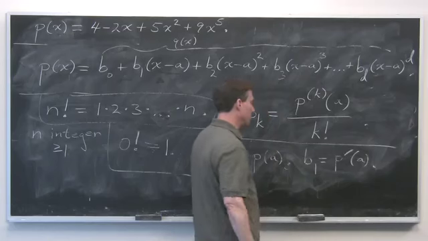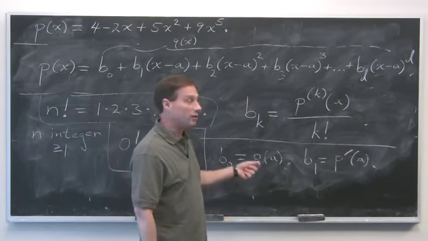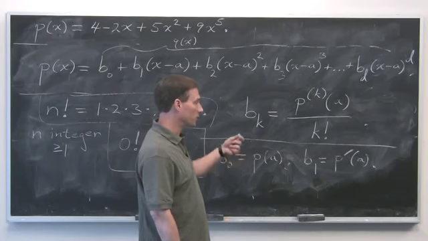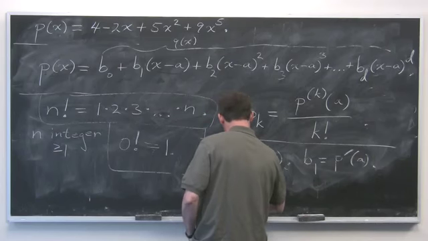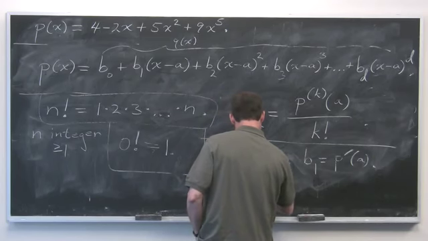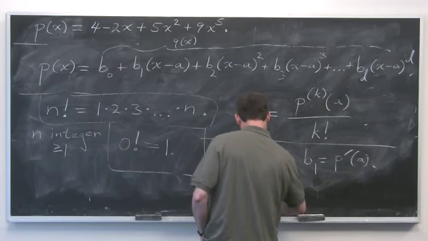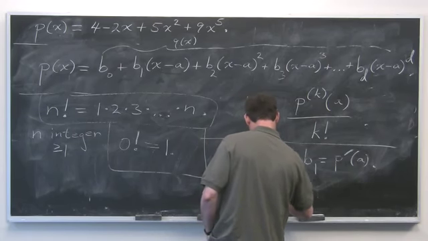So we get b1 is p prime of a. In our example, a was 1, so we were getting b1 is p prime of 1. You get b2 is p double prime of a over 2 factorial.